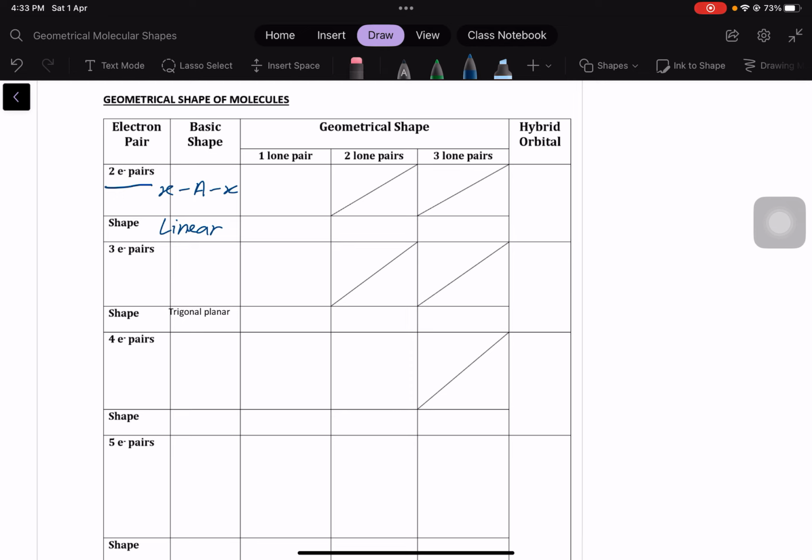And a compound which shows linear would be beryllium chloride, especially from group 2 elements. And if the center element has 3 electron pairs, as you can see, we now have trigonal planar with 120 as the bond angle.